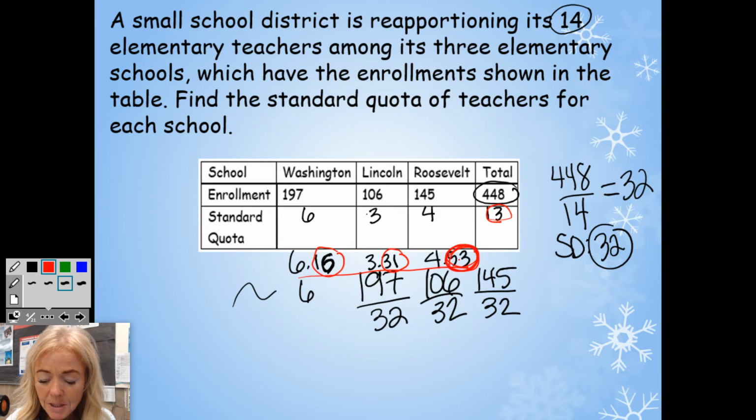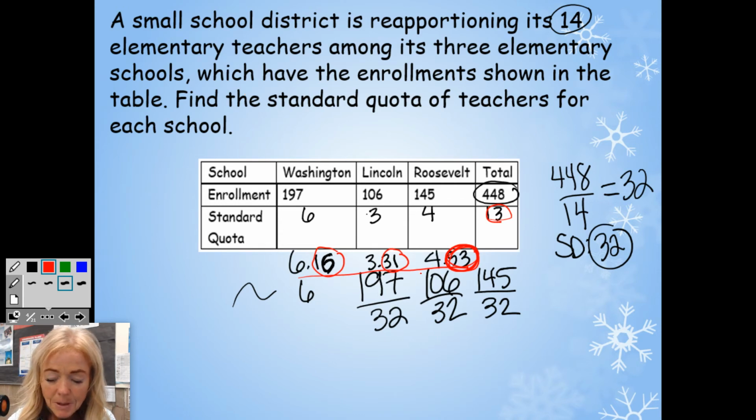Whichever one has the biggest portion of the standard quota, then we add 1 more to that school. And if we had 3 more to distribute, we would find the top 3 highest decimals. And in this case, it's going to be just 1.